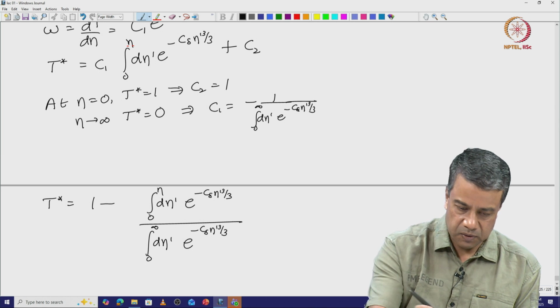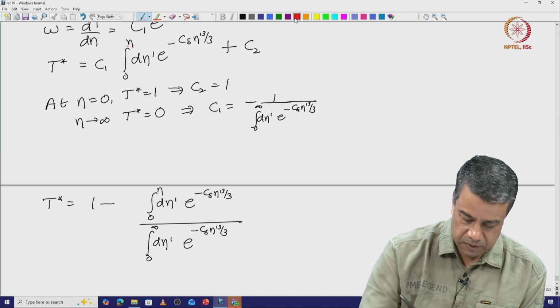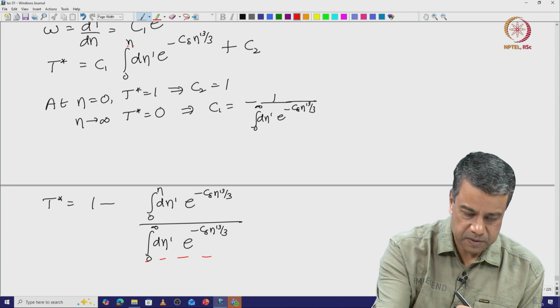This integral from 0 to infinity can be written in terms of special functions.